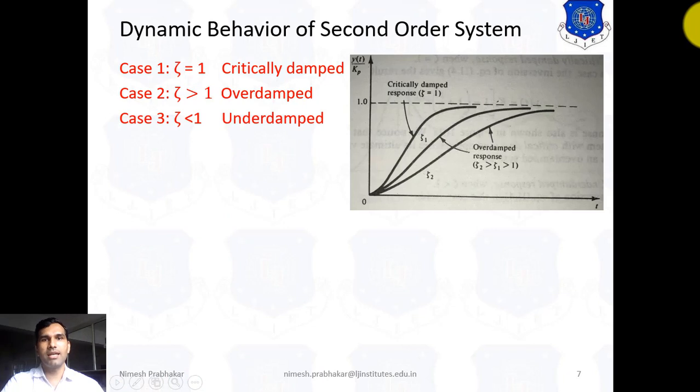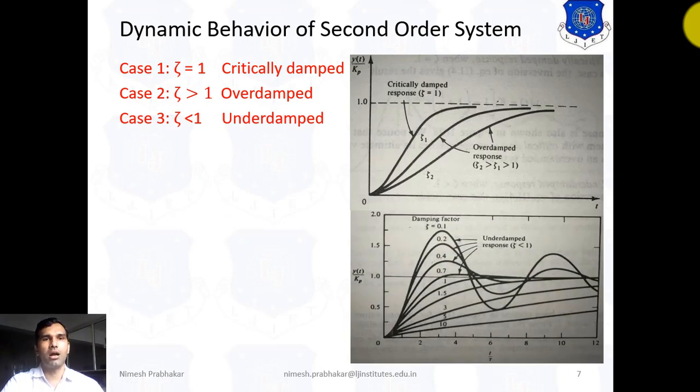Now when zeta is less than 1, the system is known as an underdamped system. See here, these are the values of zeta less than 1: 0.7, 0.4, 0.1. So here the damping factor is less than 1, and this response is known as the underdamped response. See, this is an unstable system.